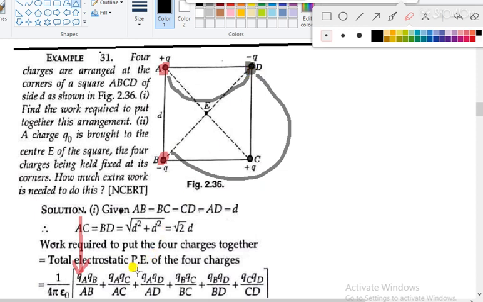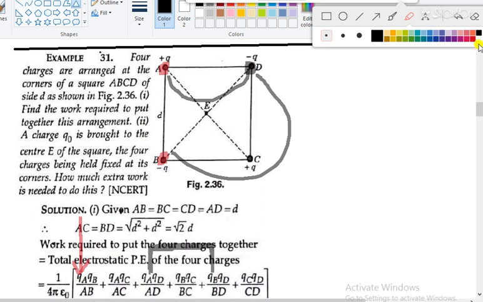So its amount of work done is given by QA into QD. So this term and this term, these two terms are giving the value of work done while moving charge D from infinity to point D, because here in both QD is there and QA QB, so that means potential at D is due to A and B.